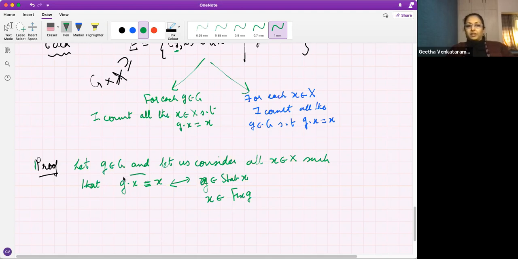So g dot x being equal to x is equivalent to saying that g belongs to the stabilizer of x and x belongs to fix of g.